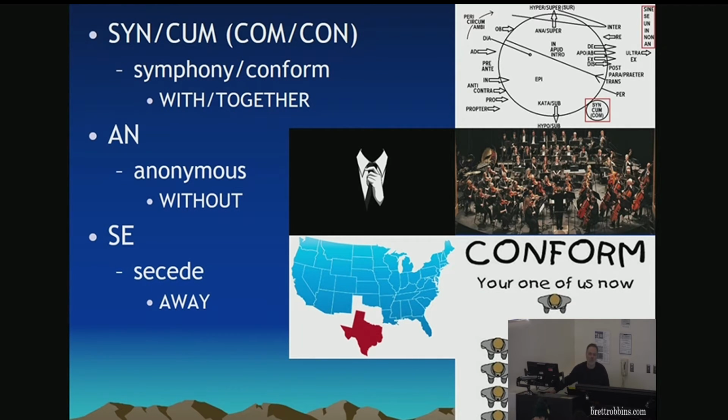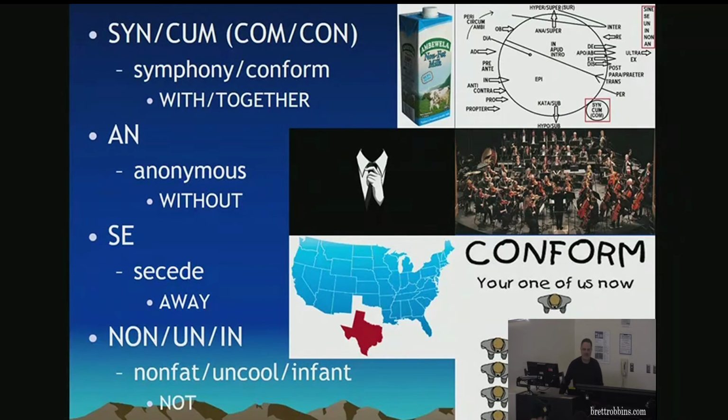Cedo means to go, one of many ways to say go. So it means to go apart. The se means away or apart. So to go away from the Union would be to secede. And then secession is just a way to turn it into a noun. And we're going to encounter the ion suffix later today.